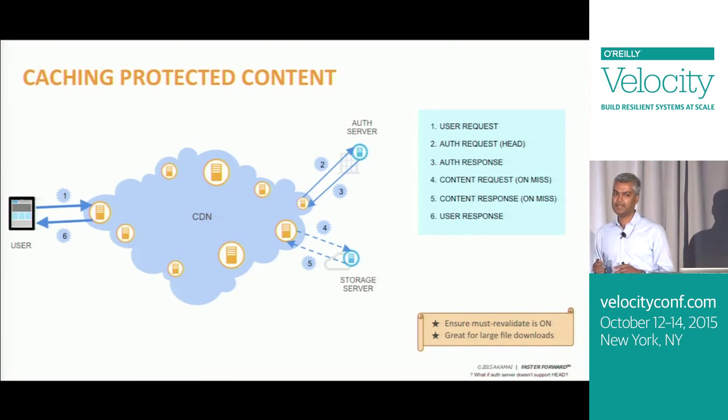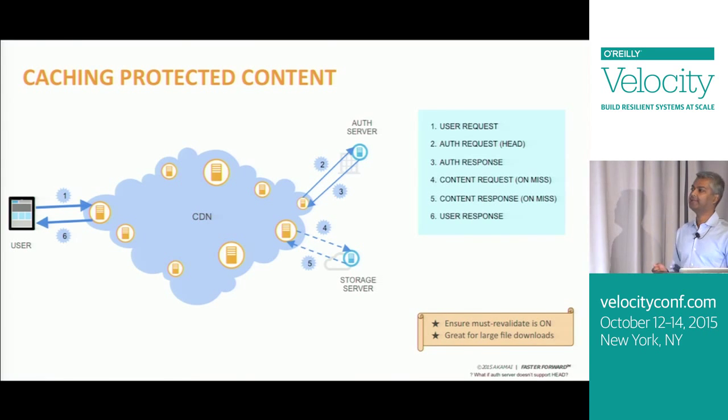So let's say a user requests an object that's already in cache. In this case, the CDN edge, instead of serving the resource back immediately, will pause and make a blocking request to an authorization server. It will send all the credentials from the end user's request, let's say any cookies or any other headers which identify that user, all the way to the authentication or authorization server.